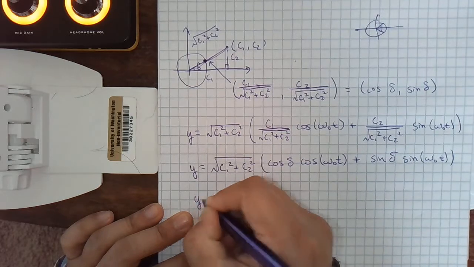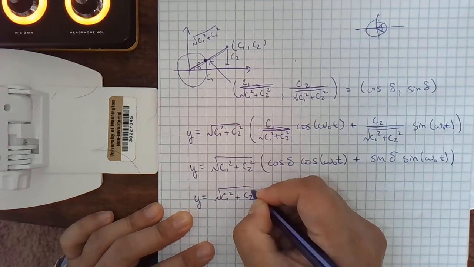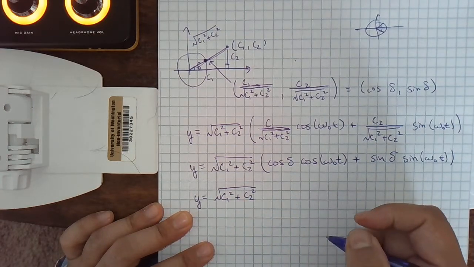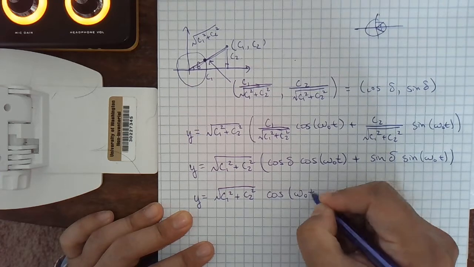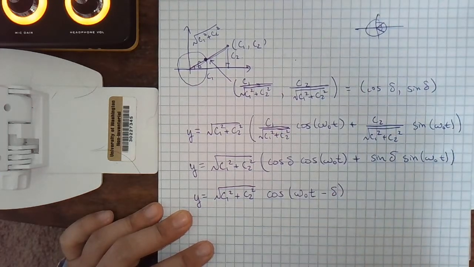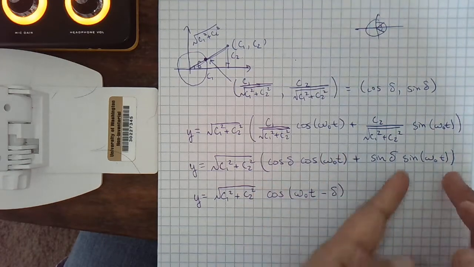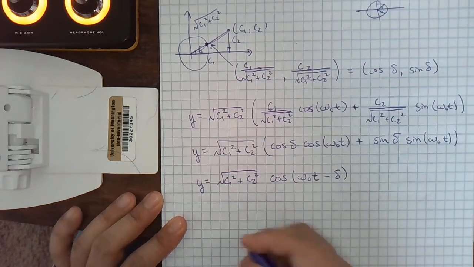I'm going to write it in the order that you'll often see in textbooks and that you'll see on your WebAssign. So this is the root of C1 squared plus C2 squared times cosine of omega t minus delta. Could have been delta minus omega t. Doesn't matter. I can swap the order of these guys. And then they normally replace this with a single letter.